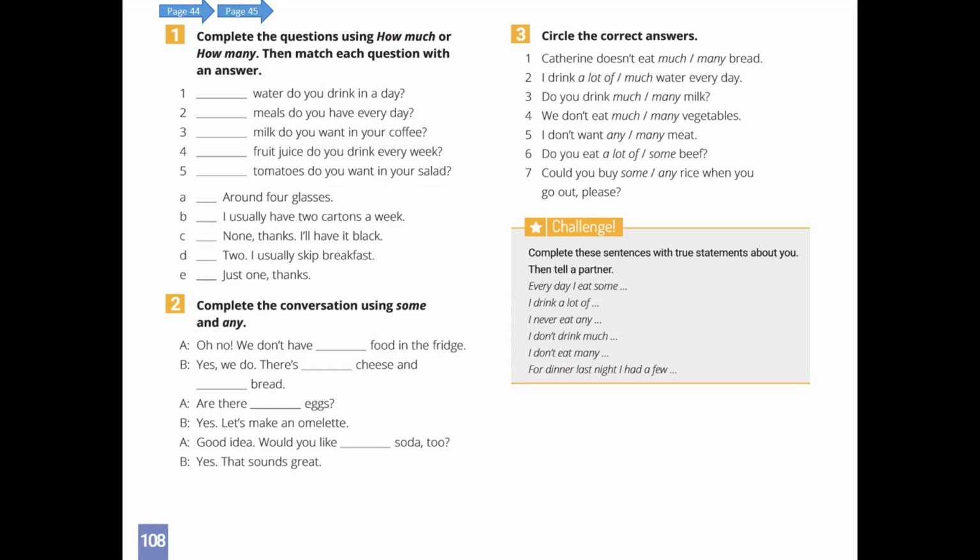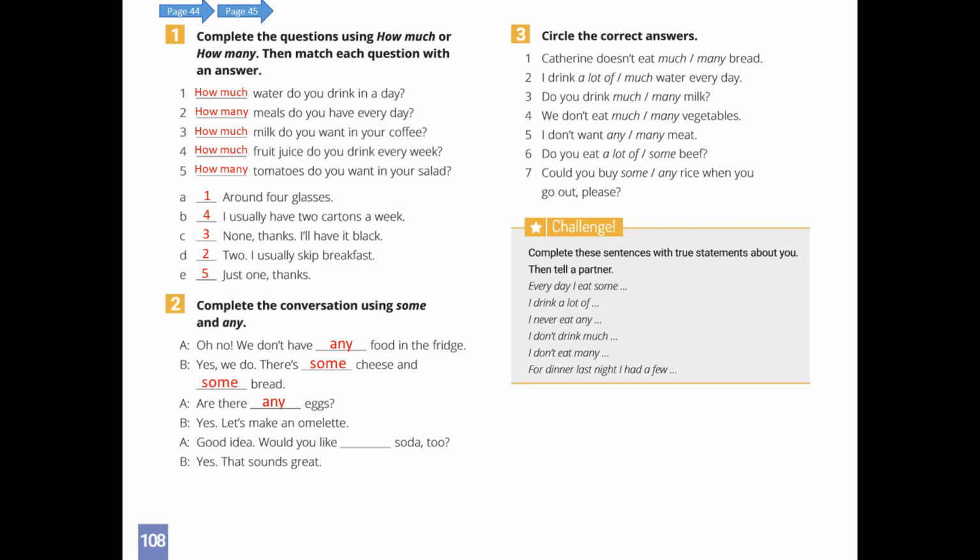Okay, we're going to go ahead and look at the answers. Number 1, how much? How many? How much? How much? How many? Then you're just going to match to the answers here. 1, 4, 3, 2, 5. Number 2, we don't have any. There's some cheese and some bread.